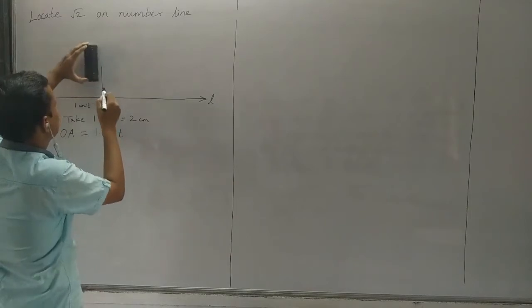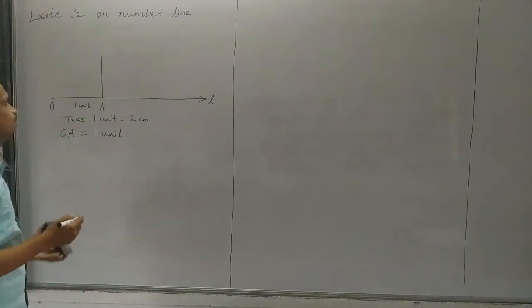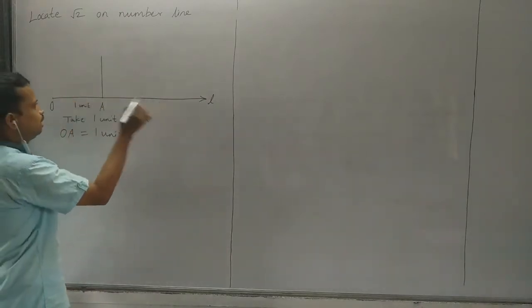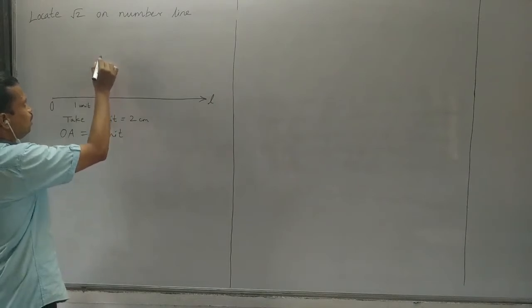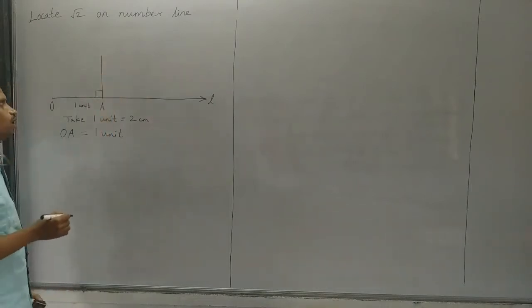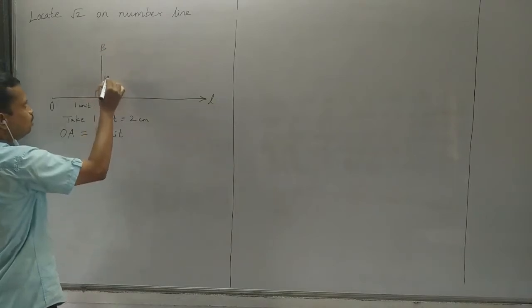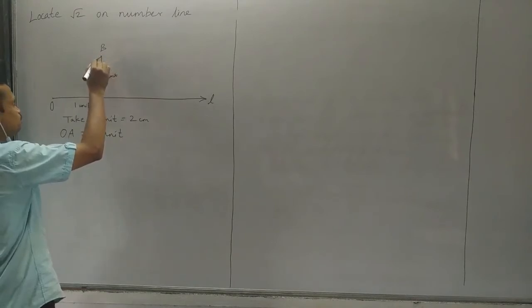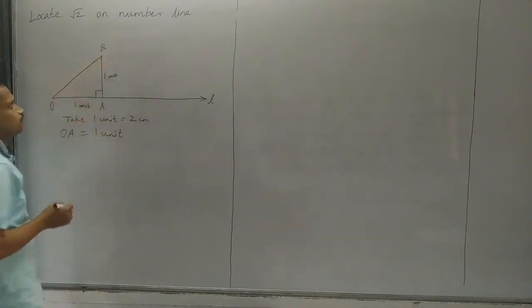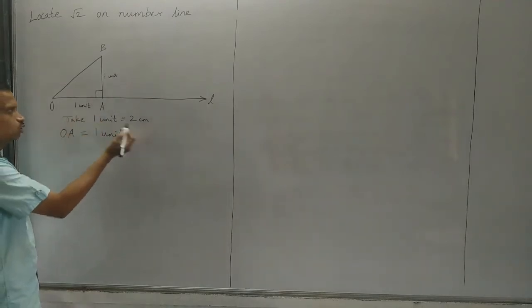And from here, you draw a perpendicular to this line, and 1 unit you have to mark. So this also you take as B, 1 unit, and you join OB. Now you see OA is 1 unit. 1 unit is how much measure? 2 centimeter.